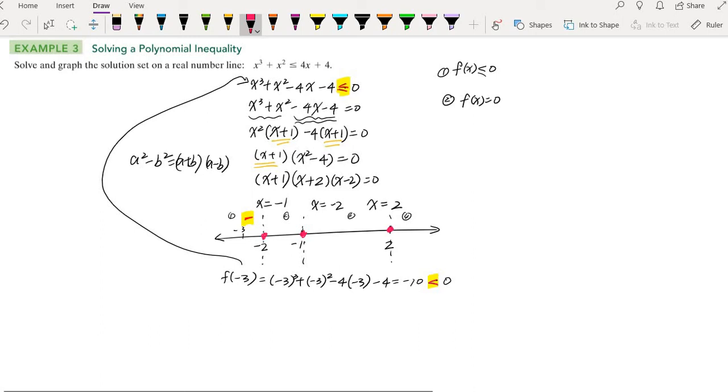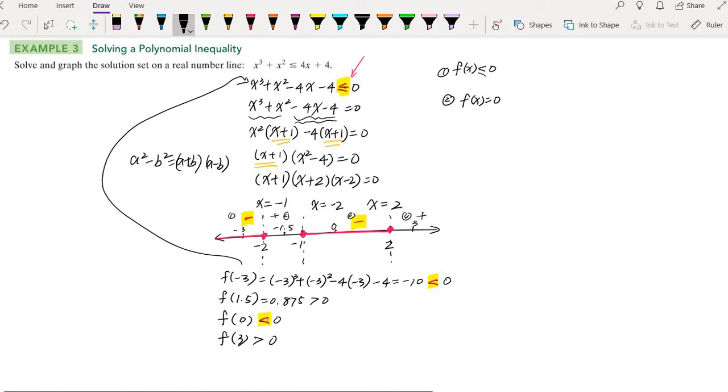We're also going to test -1.5. This we're going to get greater than 0. I'm going to do the rest. Then we're going to pick probably 0 right here, and it ends up less than 0. And then we're going to pick a 3 right here, and that gives us greater than 0. You can take your time to look at this. Anyway, the pink color is our solution.